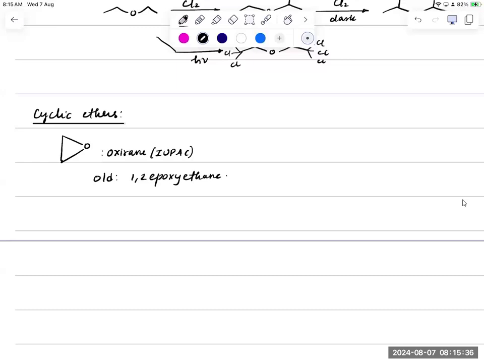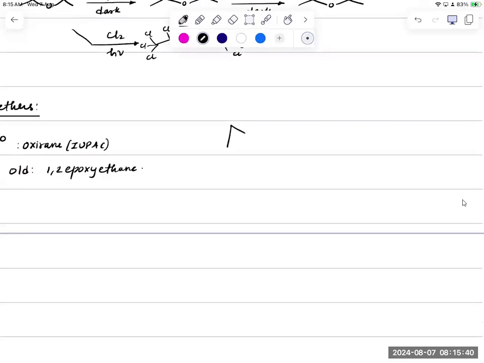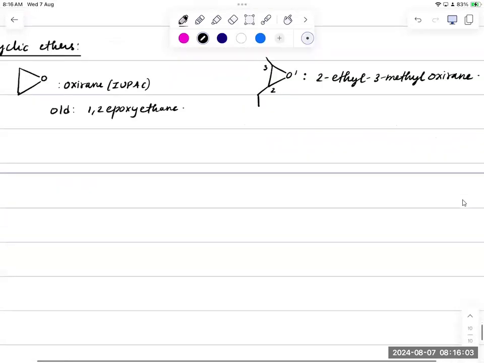Epoxy is the wording that used to be used earlier, but not in the new terminology. In new terminology, it is written as oxirane. For example, in this case, the numbering should always start with oxygen. So we have here 2-ethyl, 3-methyl oxirane. That's how we will get an oxirane name.